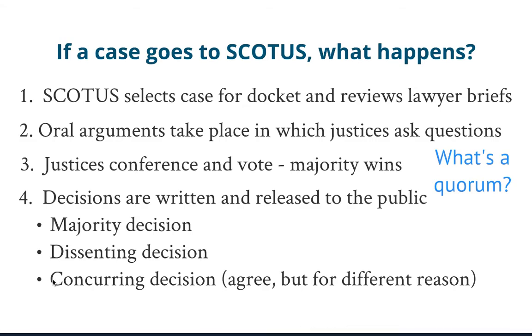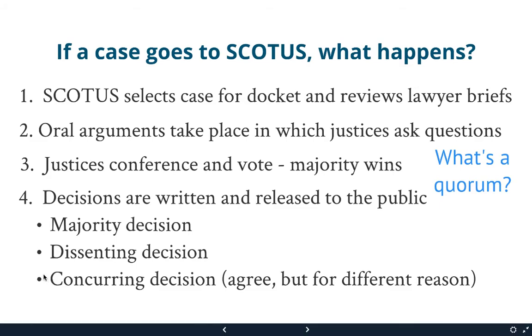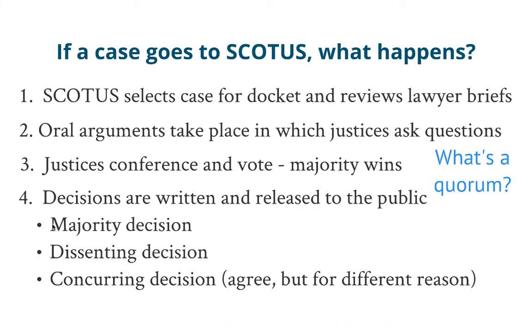reason. So a couple years ago, for example, gay marriage was ruled to be legal based on the 9th and 14th Amendments. Well, let's say the 9th Amendment guarantees you the right to marry who you want to, and let's say 5 of those justices agreed that based on the 9th Amendment, gay marriage is legal.